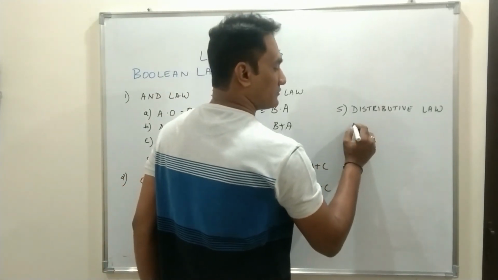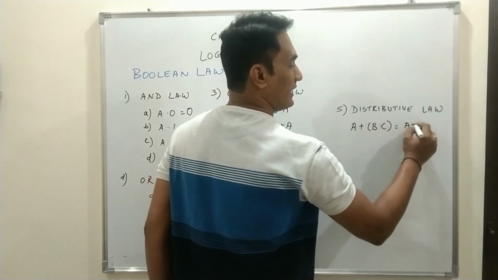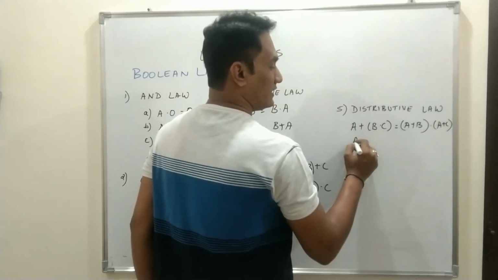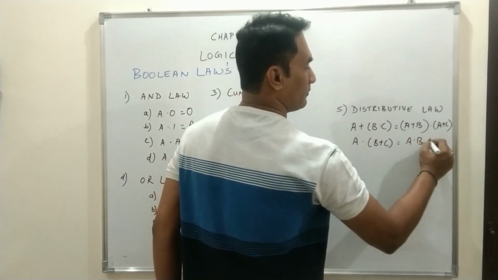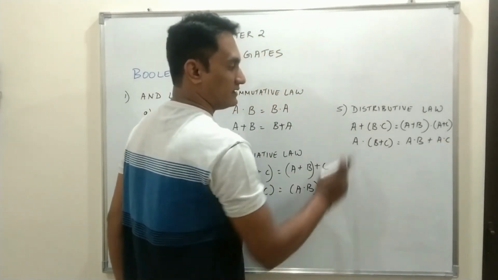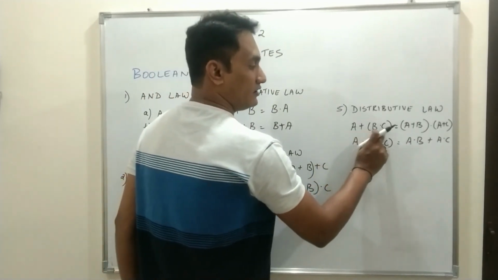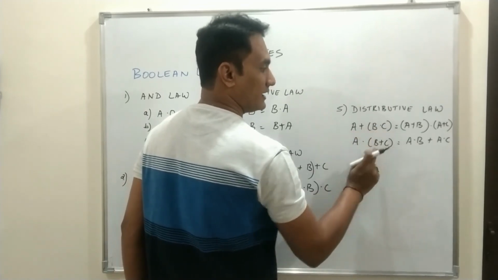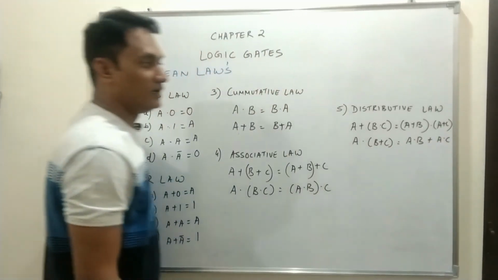So the first one is A plus in bracket B dot C can be written as A plus B dot A plus C. Similarly, A dot in bracket B plus C is equal to A dot B plus A dot C. These are the two laws under the heading of distributive law. A plus B dot C can be split as A plus B dot A plus C. Similarly, A dot B plus A dot C. So this is the distributive law.